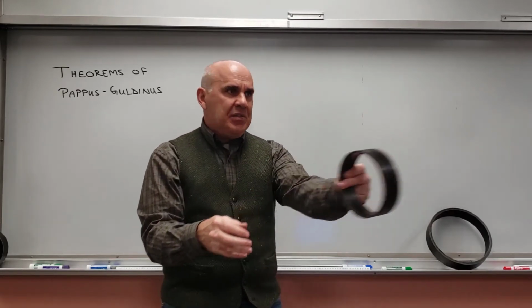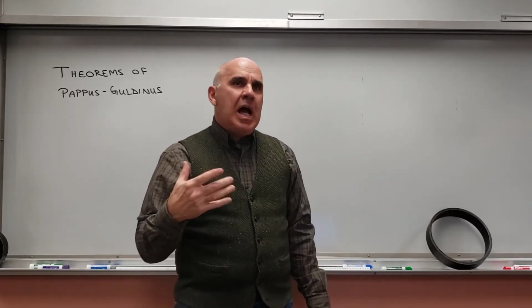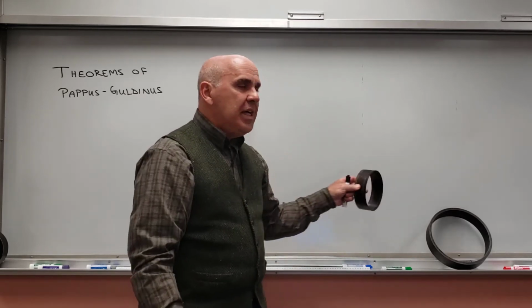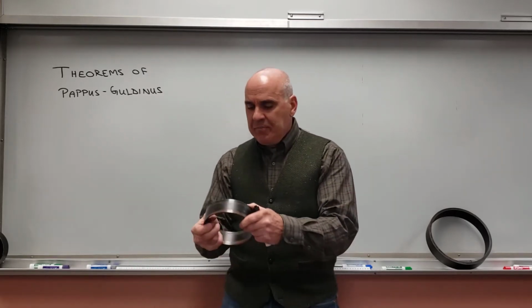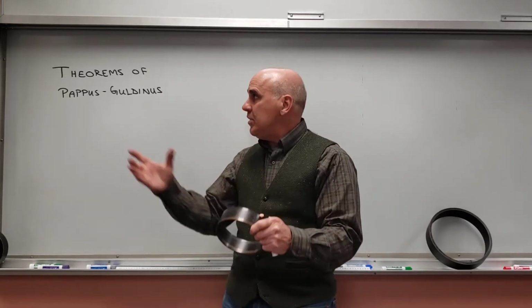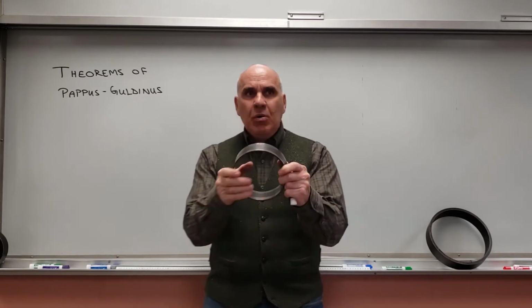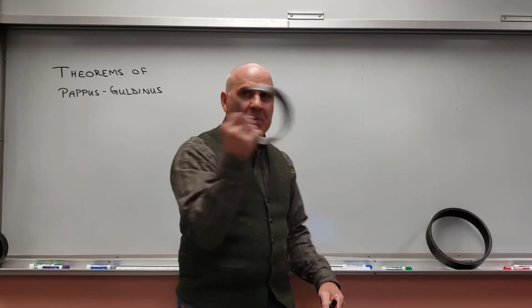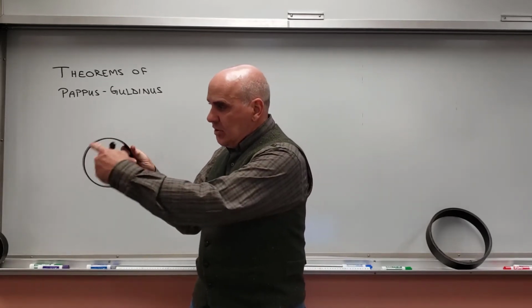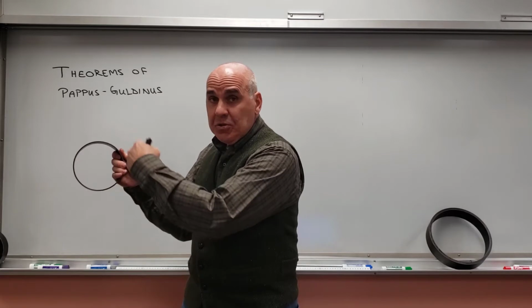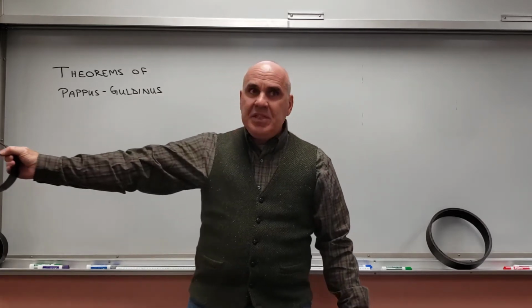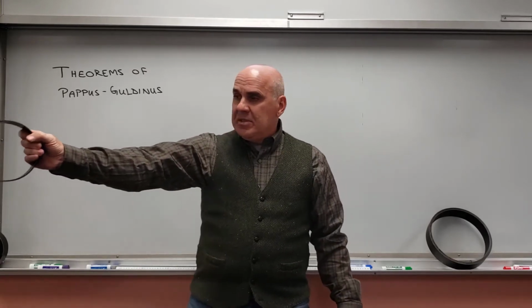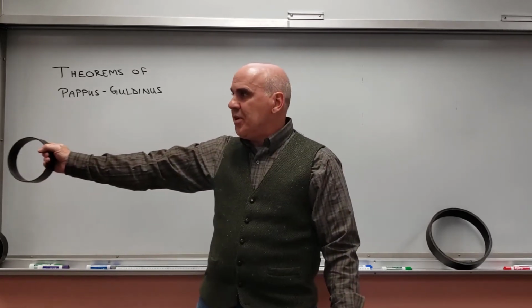If I was thinking about this with a donut, I might be interested in how much sugar I need to cover this surface area. And so I need to know what that surface area is. What the theorem says, this is the first theorem of Pappus-Guldinus, is that the surface area created by taking this curve, in this case a circle, but it's still a curve, is equal to the centroid times the length that the centroid undergoes.